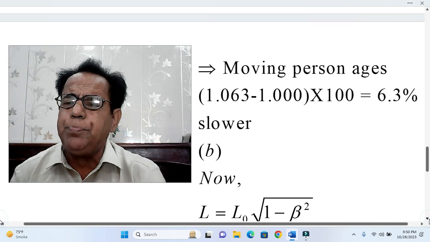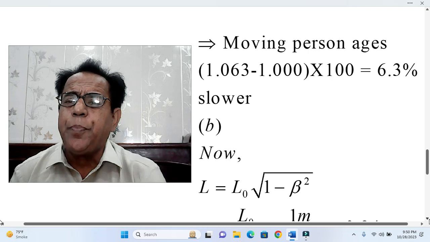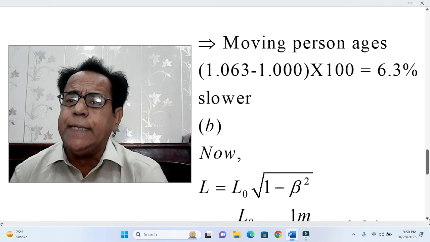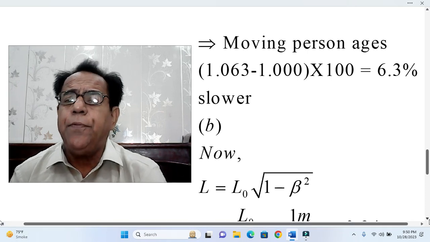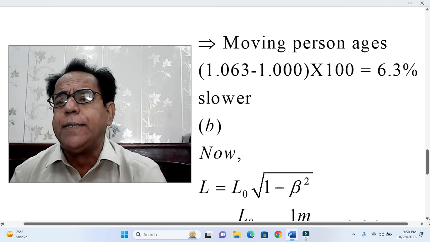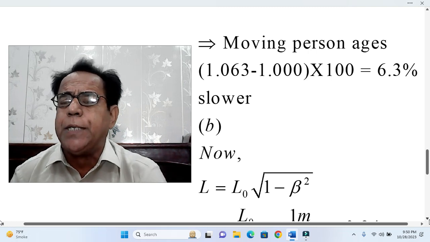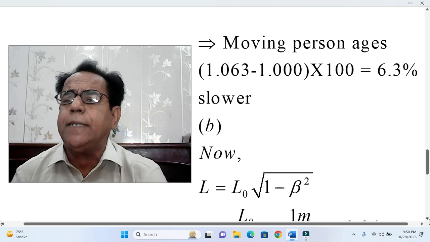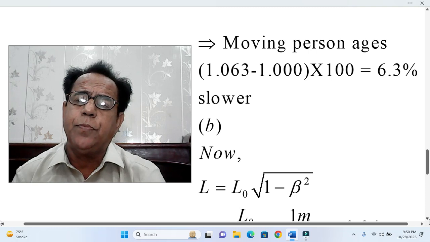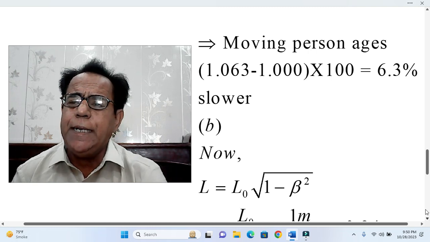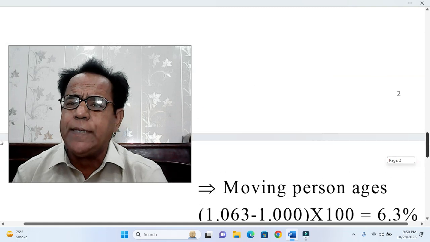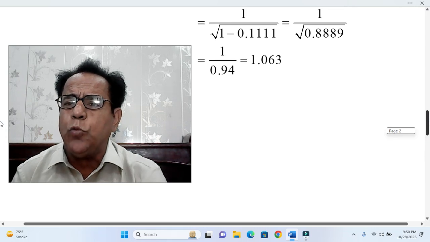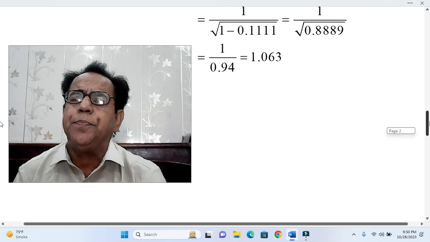Now this implies that the moving person ages 1.063 minus 1.000 multiplied by 100, this becomes equal to 6.3%. Any difficulty? Actually, dear students, we have calculated Lorentz factor gamma, which has become equal to 1.063.